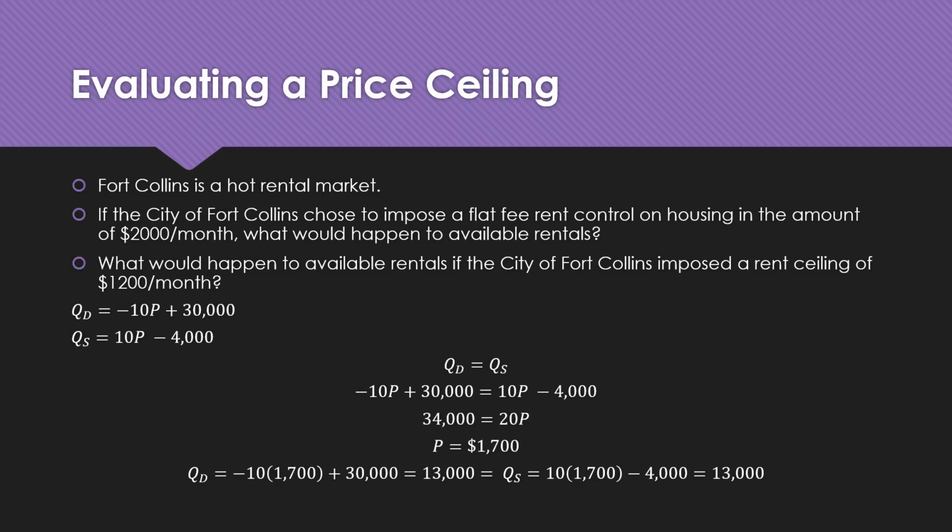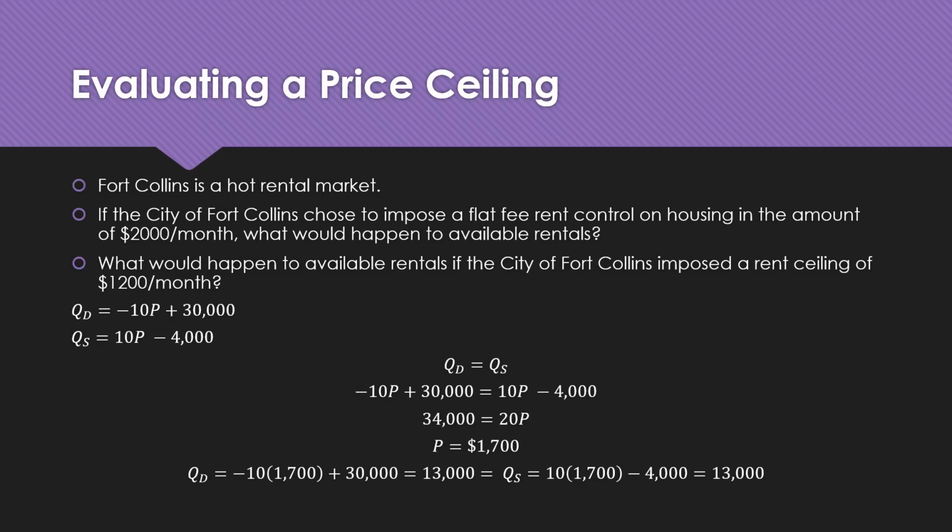Well, the answer is that if the ceiling is above equilibrium, nothing changes. There won't be an issue. Market equilibrium will be where things stabilize at. So even if Fort Collins is like 3,000 is the cap, 2,000 is the cap, if market equilibrium is $1,700, then that's how much is going to get charged, and the government intervention doesn't really make any changes. There's no inefficiencies created.